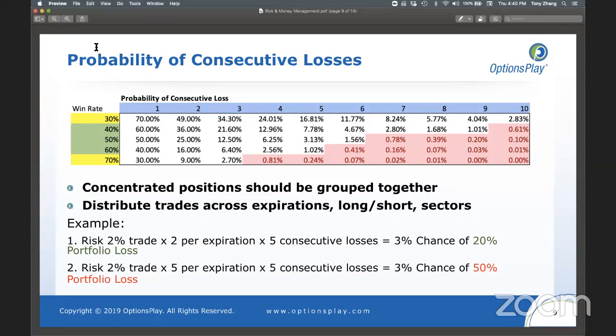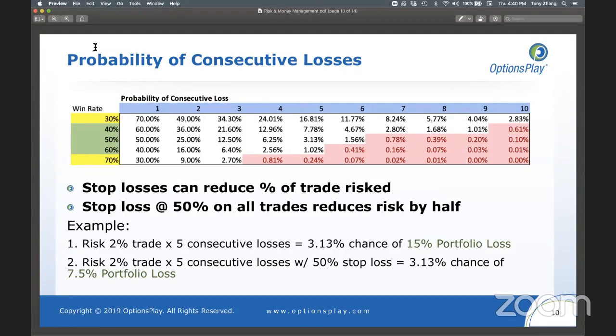And lastly, there is another way to control your loss. And many times, some of you deploy this in your trading strategies: using stop losses. So stop losses can reduce your overall portfolio risk as well. So for example, if you are the type of user that does stick to the 2% rule and you are trying to account for 5 consecutive losses in a row, this means that you have a 3% chance of having a 10% portfolio loss.